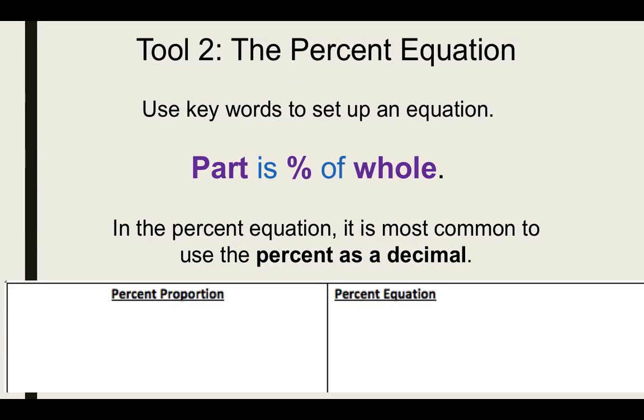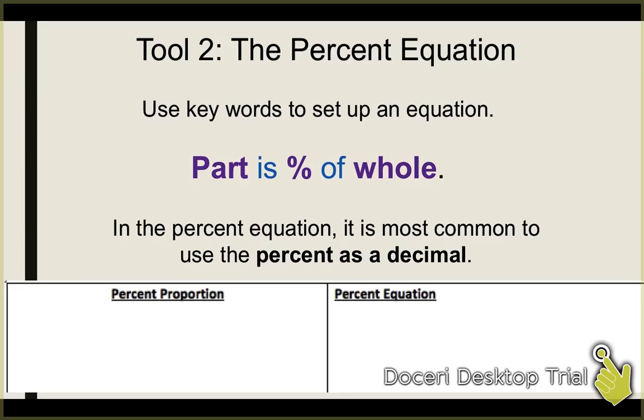We also talked about using the percent equation. For the percent equation, you will want to write part is percent of whole. And basically, is the equal sign, and of means multiplying. So whatever we have, we're going to fill it in with what we know. We also know that for this, we are going to use the percent.